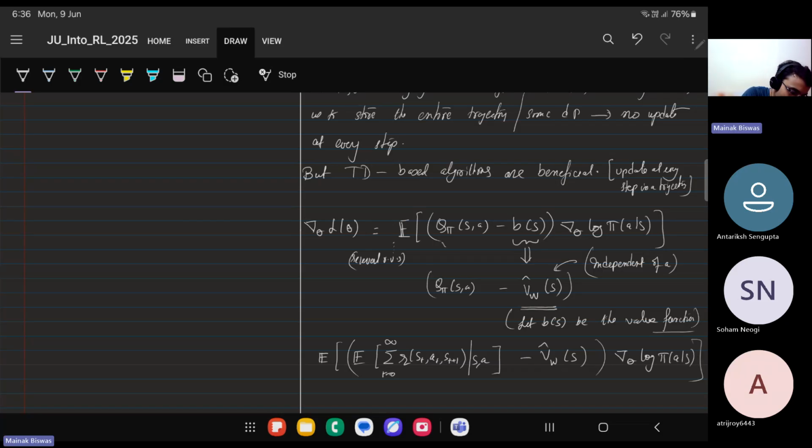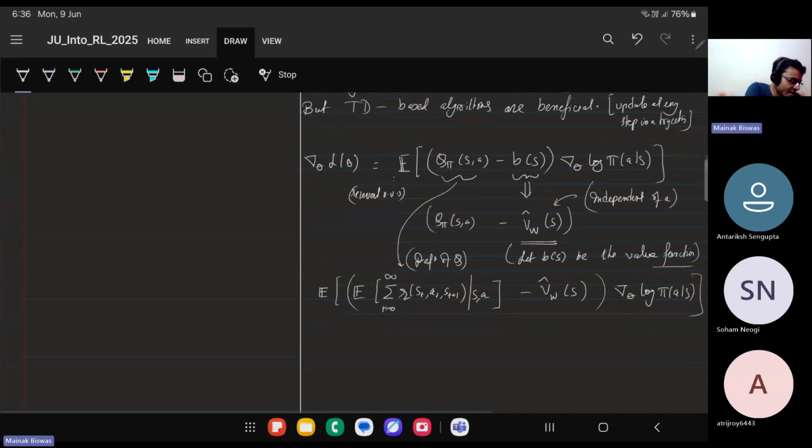This is just the definition of Q. Once I write the definition of Q, I can write one more step. What is that step? The expected value of the reward of S, A, S dash plus gamma times.